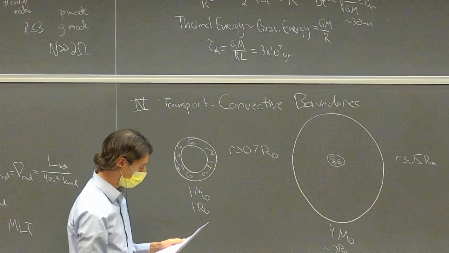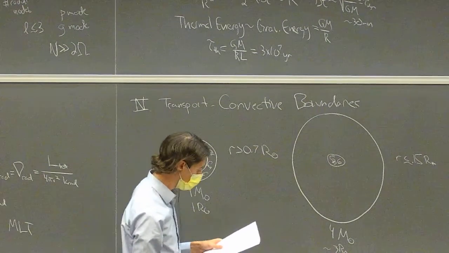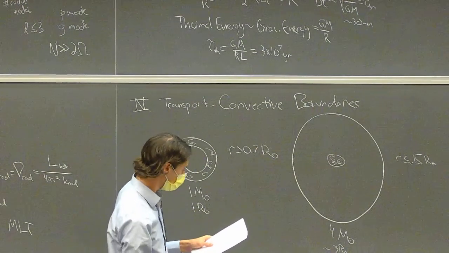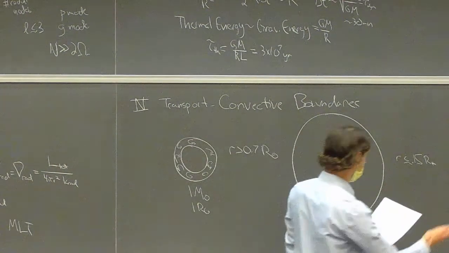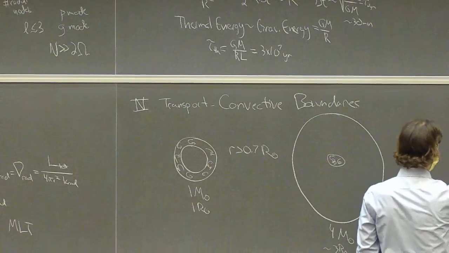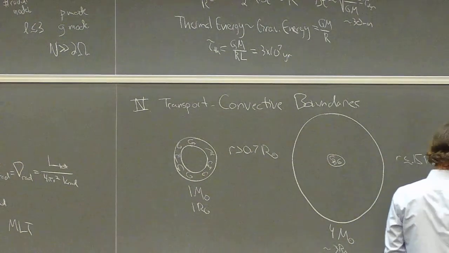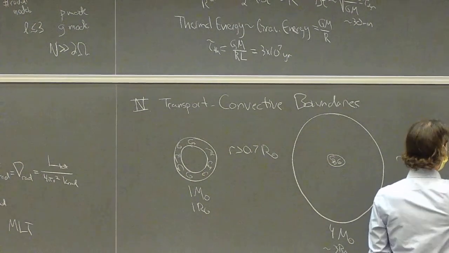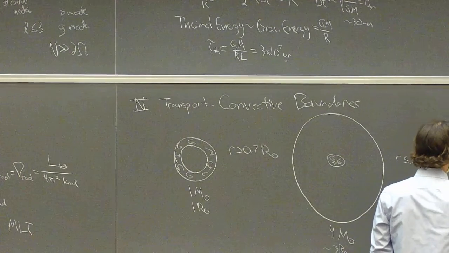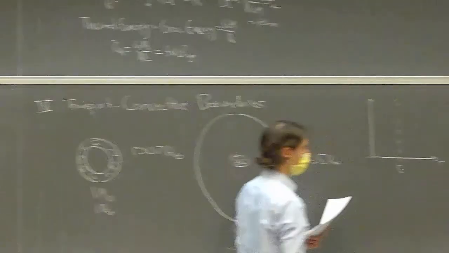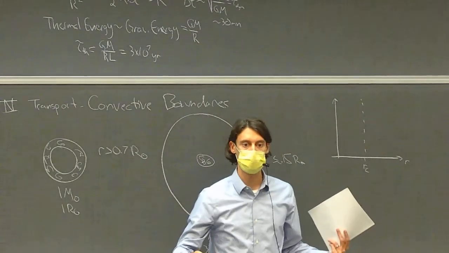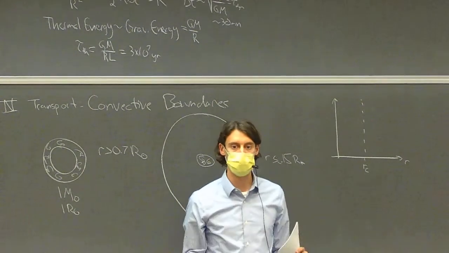So, as I said, we're specifically interested in chemical mixing. The picture here is that as a function of radius, if we put our core radius here, as this star evolves, it's burning hydrogen into helium in its core.